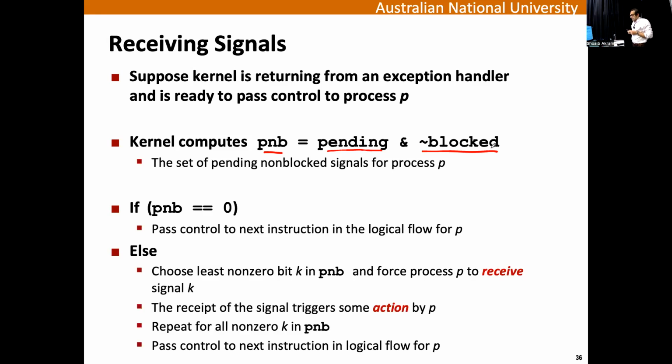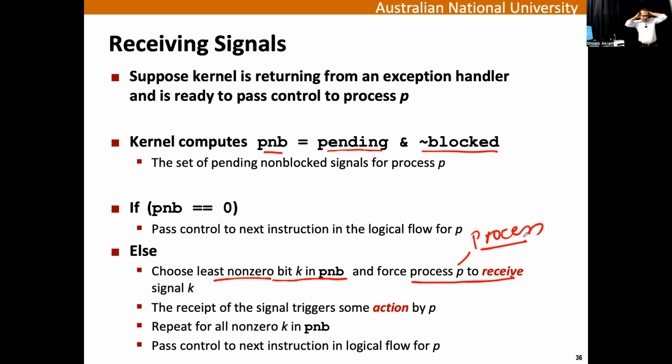If there is a pending signal and it is not blocked, then the kernel chooses one of the signals, the least non-zero bit in this bit vector, and forces the process to receive the signal.